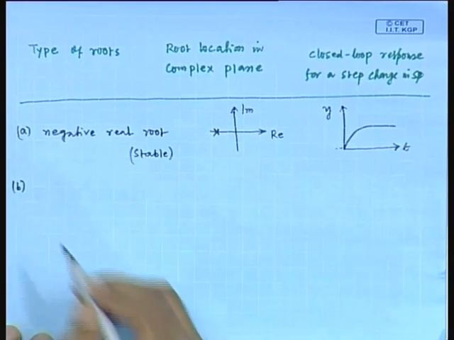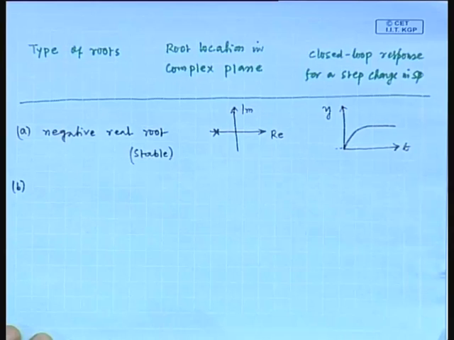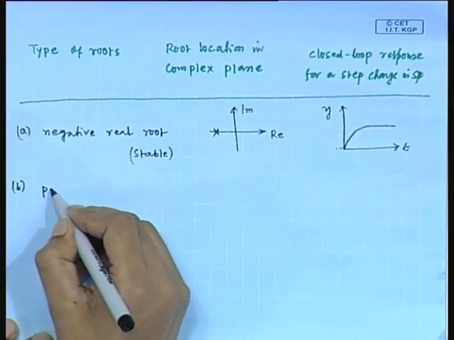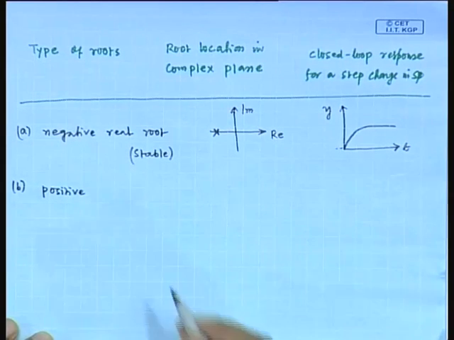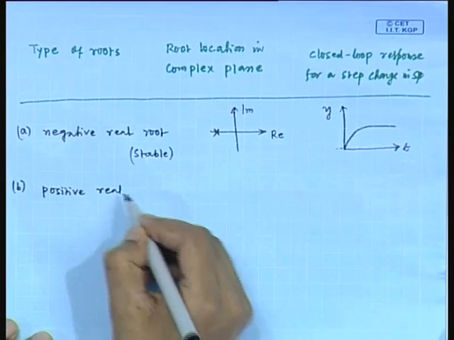In the second situation, we will consider that among the roots one is a positive real root.